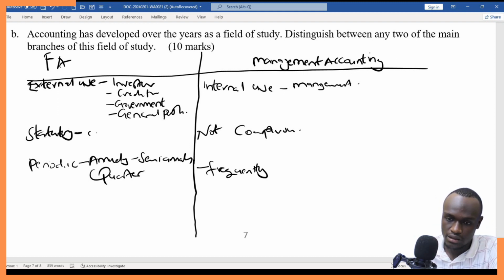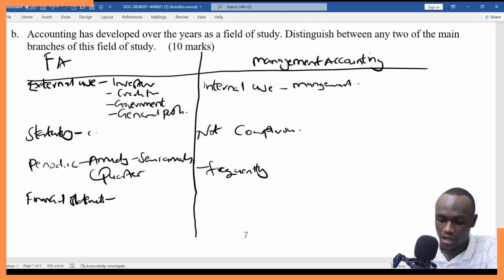Another difference is that financial accounting involves preparation of financial statements. What are financial statements?